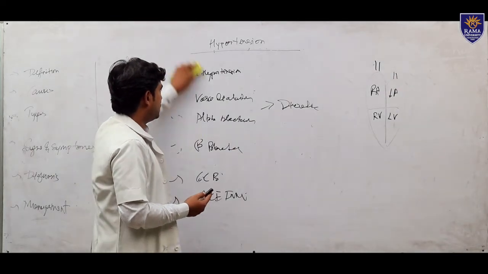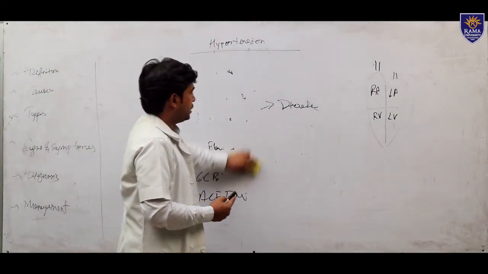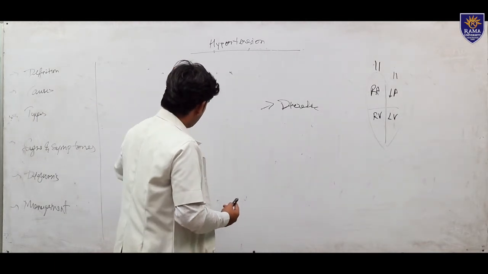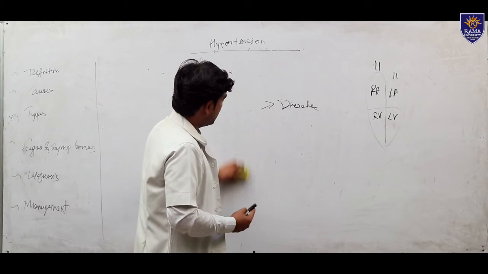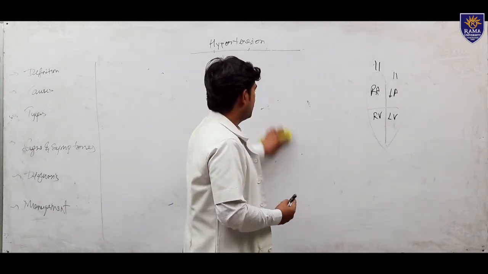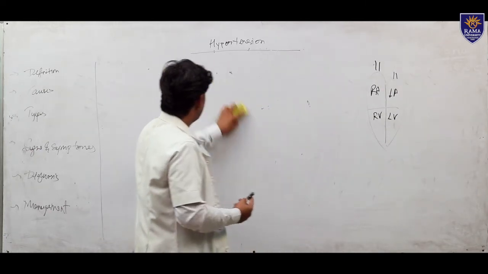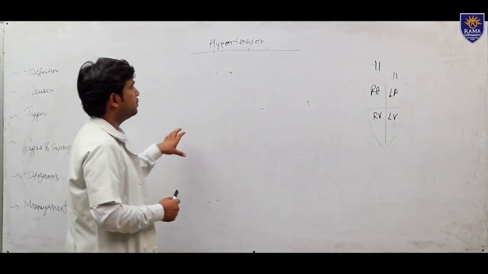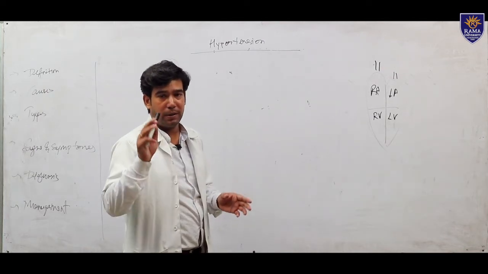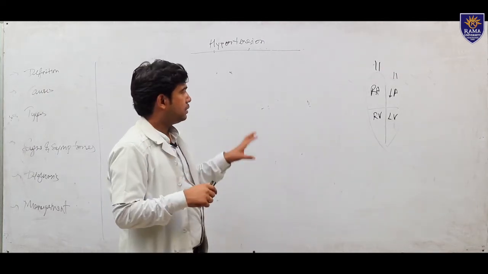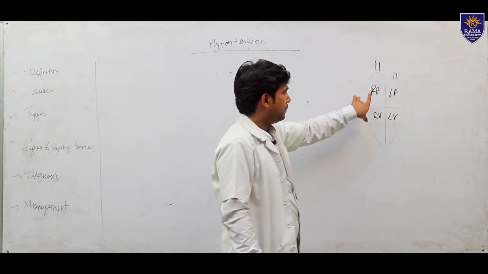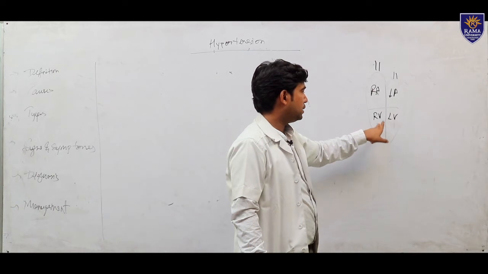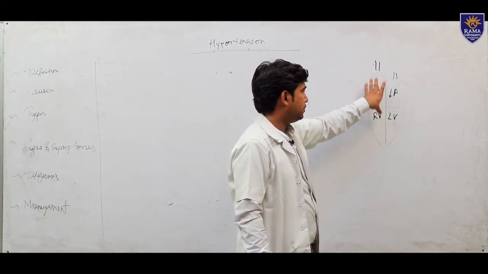So we discussed hypertension and its definition, causes, sign and symptoms. Hypertension is an elevation of the pressure in the blood vessels. Here is some anatomy and physiology of the heart. This is the right atrium, this is the left atrium, and this is the right ventricle and left ventricle.